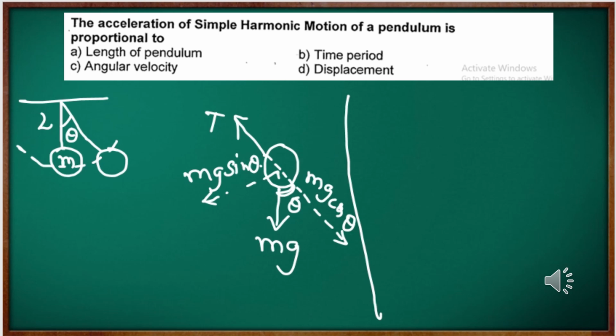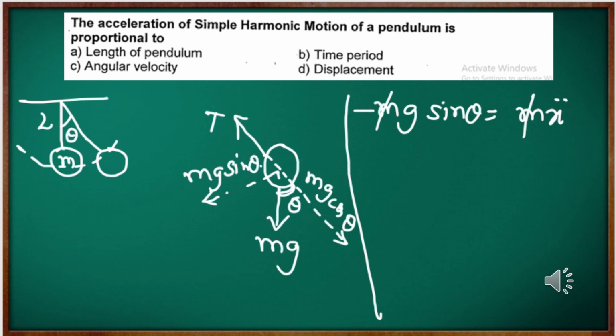Here the force mg sin theta pulls the mass towards its mean position. Now writing force balance for the perpendicular axis yields minus mg sin theta equals m x double dot, that is mass times acceleration. Mass gets cancelled.